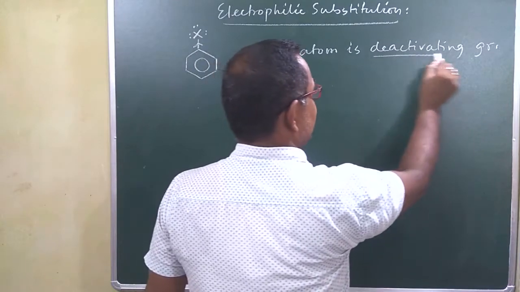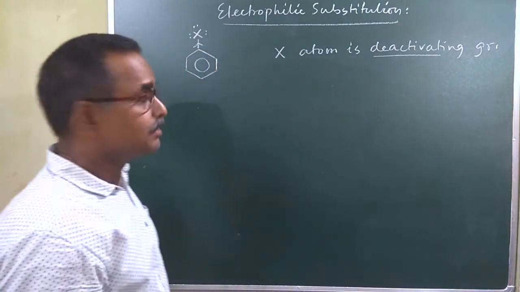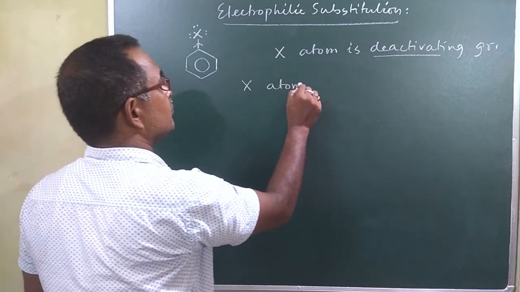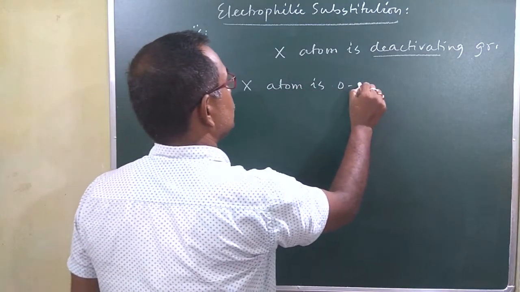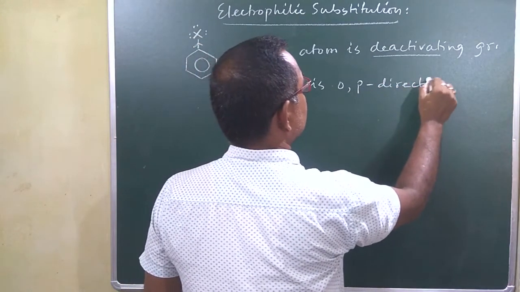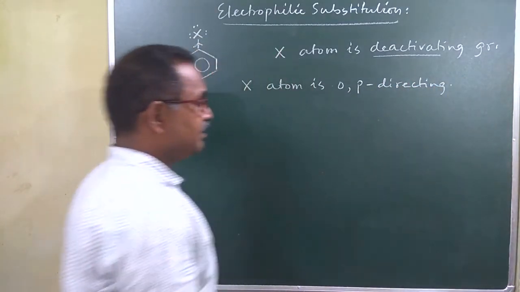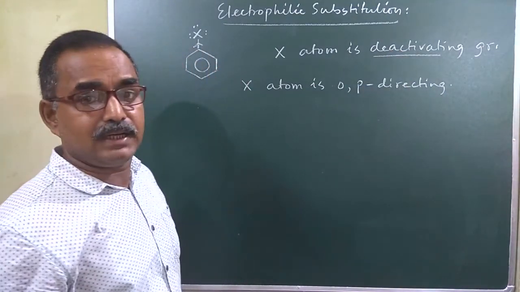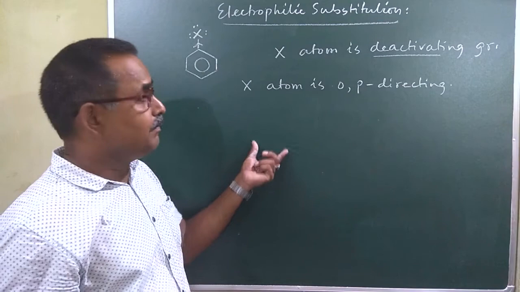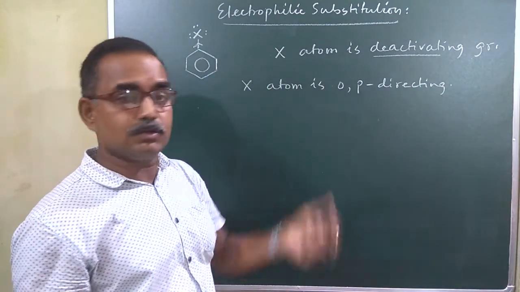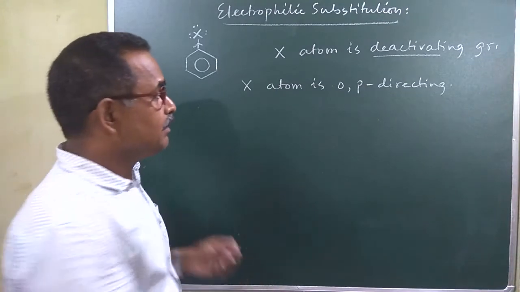Okay, but contrary to other deactivating groups, halogen atom is ortho-para-directing. Remember this point. All other deactivating groups are meta-directing. Okay, but halogen, though it is deactivating, it is ortho-para-directing.